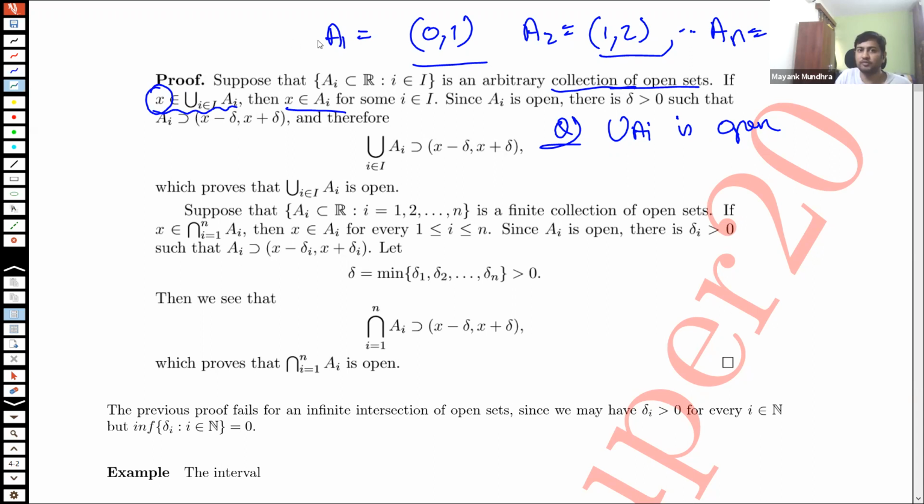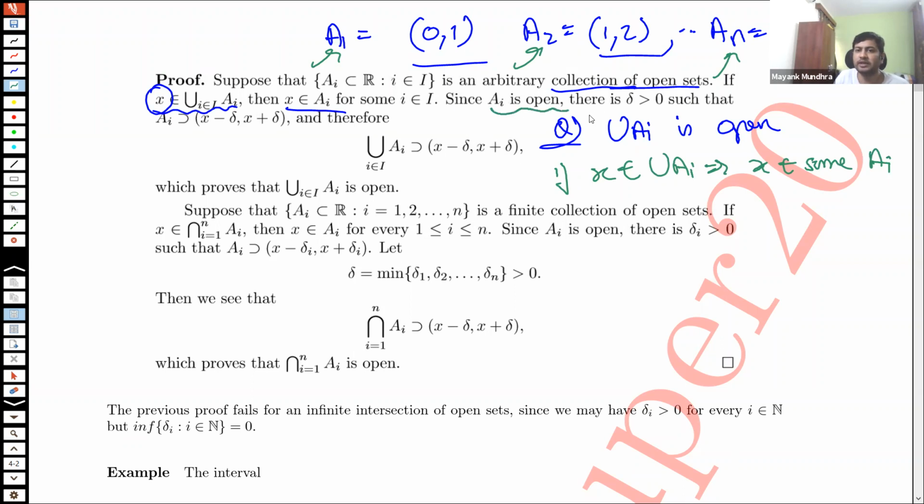Either it comes from A1, or from A2, or from some random A_n. At least one of the sets is going to contain it. So if x belongs to the union of A_i, it means that x belongs to some A_i. I'm not saying that it's going to lie in every A_i, but at least some A_i is going to contain my x. That's how it ends up in the union of A_i.